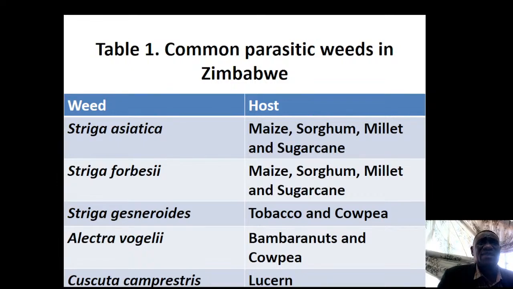Cuscuta campestris normally attacks lucerne, although it has been found on some vegetable crops, tomatoes I think, in Marondera. The other parasitic weed which I have not displayed there is Rhamphicarpa fistulosa, which attacks rice.